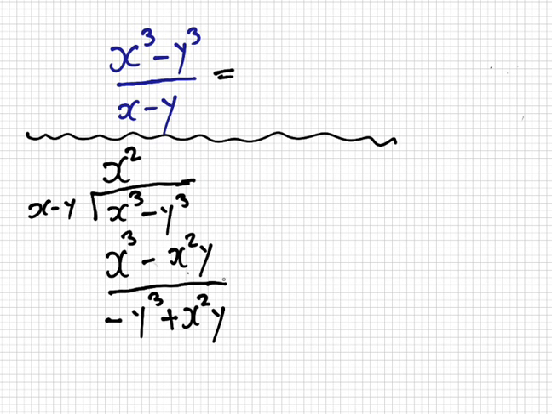Now, I'll just pause there for a minute. So, are we okay with up to there? Yeah. Now, you might be tempted on the next line to say, okay, I have an x, you see there? And you might say, what do I multiply x by to make it y cubed? Now that's kind of silly, isn't it? Because it'll be messy. You just multiply by y squared because you have y.